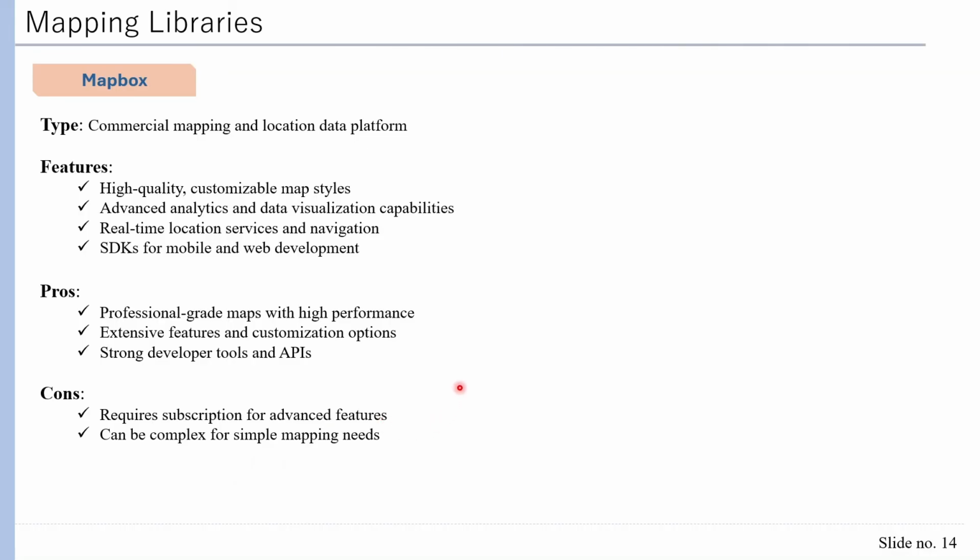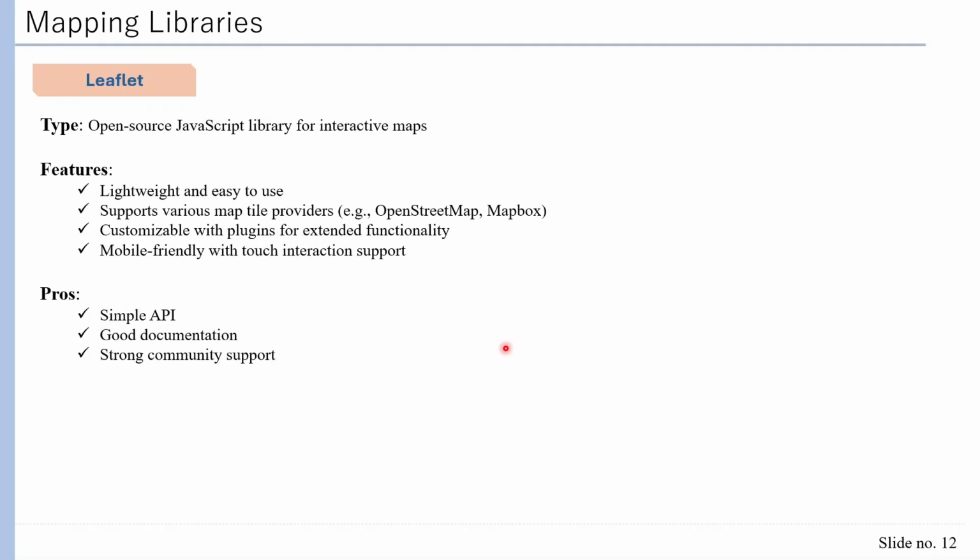So these are the three mapping libraries: Leaflet, OpenLayers, and Mapbox. If we compare the three, we can see that Leaflet is easy to learn and the documentation is excellent. For any API, the main strong point is the documentation.